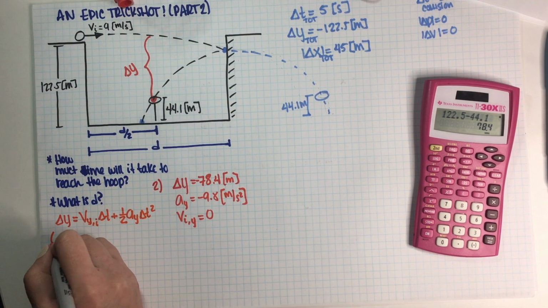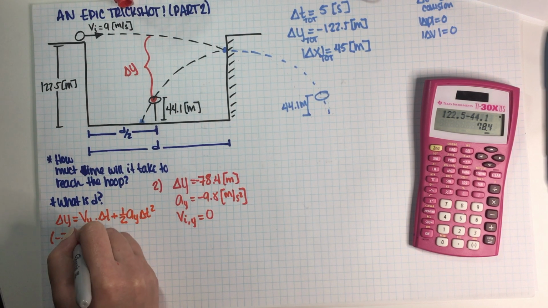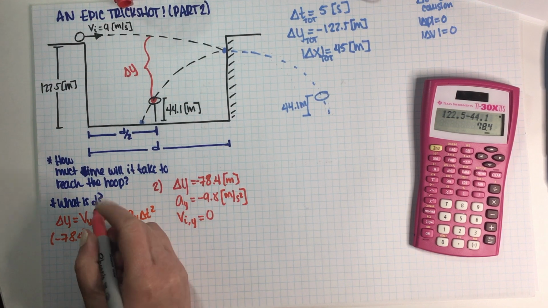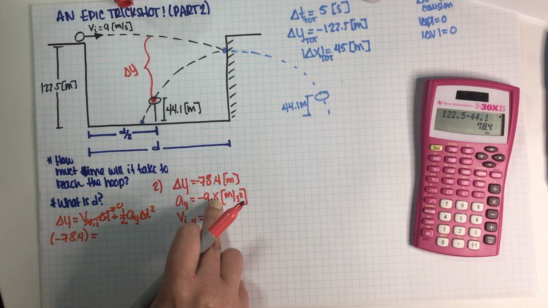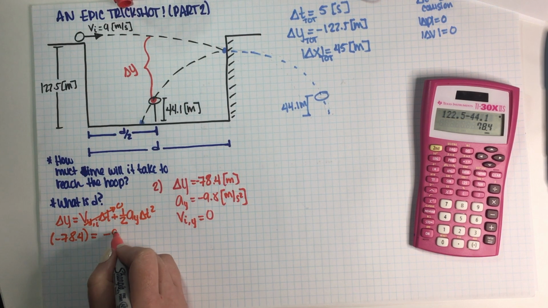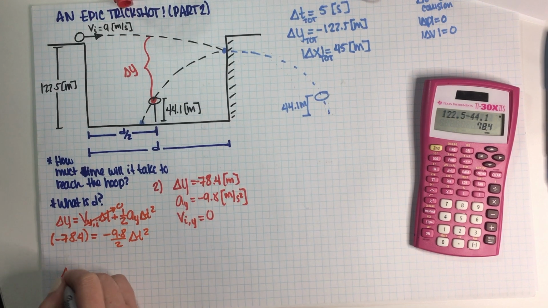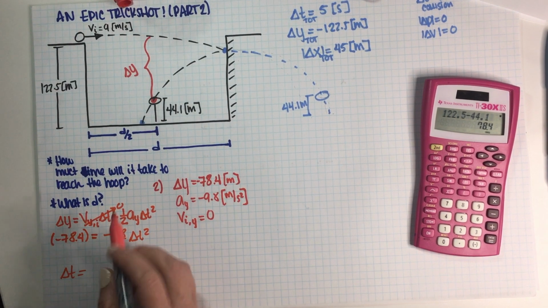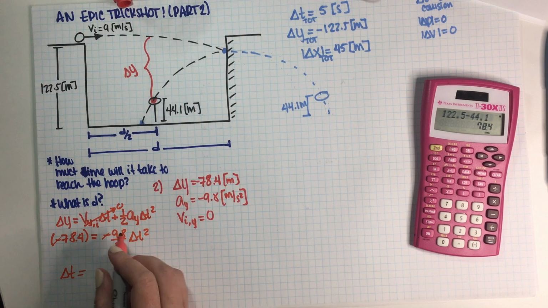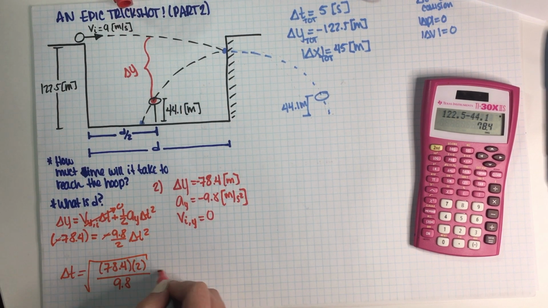So delta y in this case is negative 78.4. This is equal to 0 because v_y was initially 0, just as before, plus negative 9.8 divided by 2 times delta t squared. So delta t is going to be, negatives go away just as before, 78.4 times 2 divided by 9.8, take a square root.